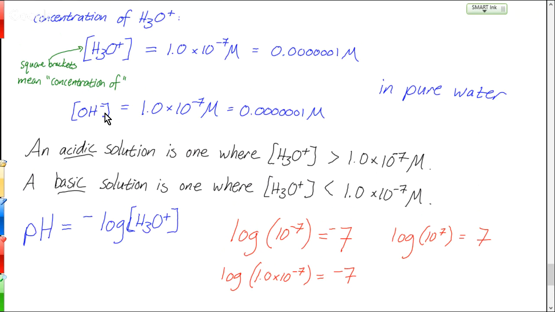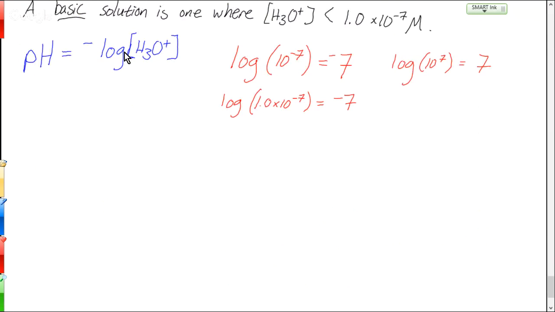As it turns out, because of the reference of pure water, the product of the hydronium and hydroxide concentrations is always the same number. If we multiply the hydronium concentration of any solution by the hydroxide concentration, we get the water dissociation constant, which is 10 to the minus 14.